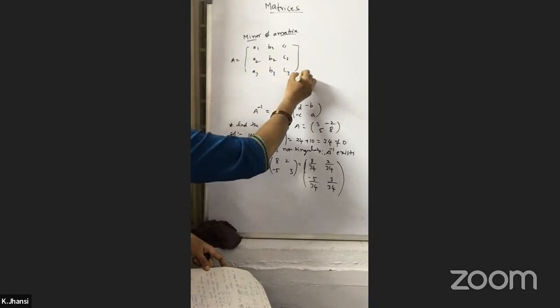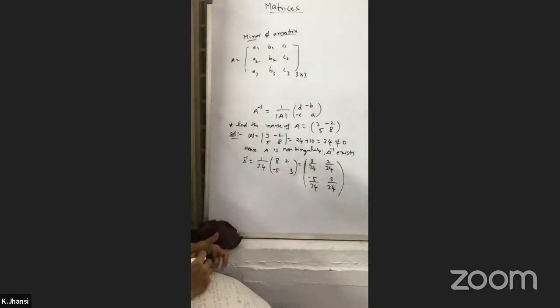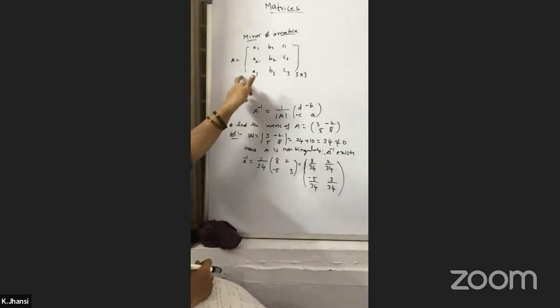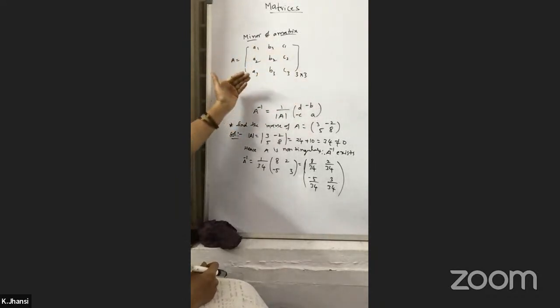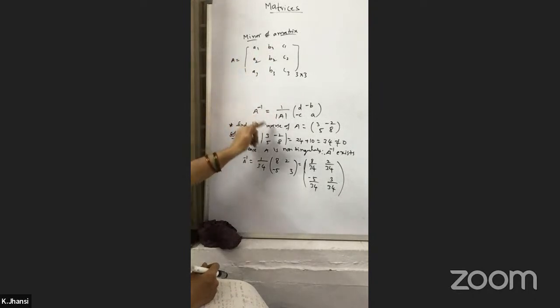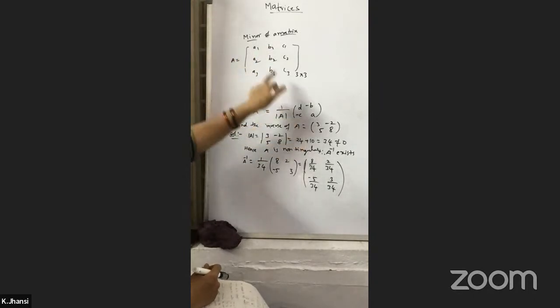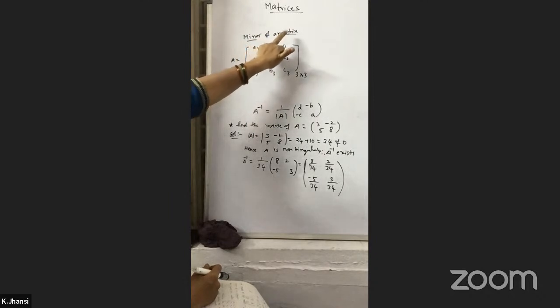So this is a 3 by 3 matrix. Okay. So this is our 3 by 3 matrix. There are 3 rows and 3 columns. So for the determinant of the matrix and also for the inverse of a 3 by 3 matrix, we should know the concept of minor of a matrix.